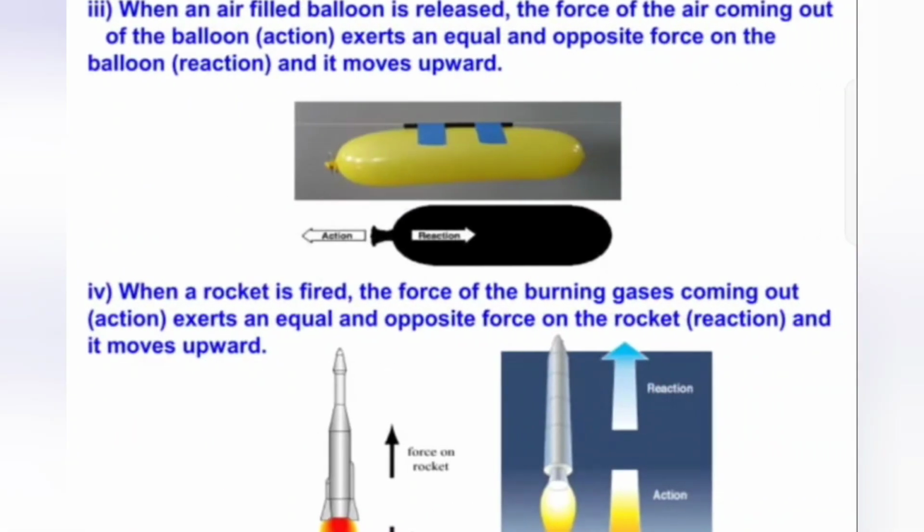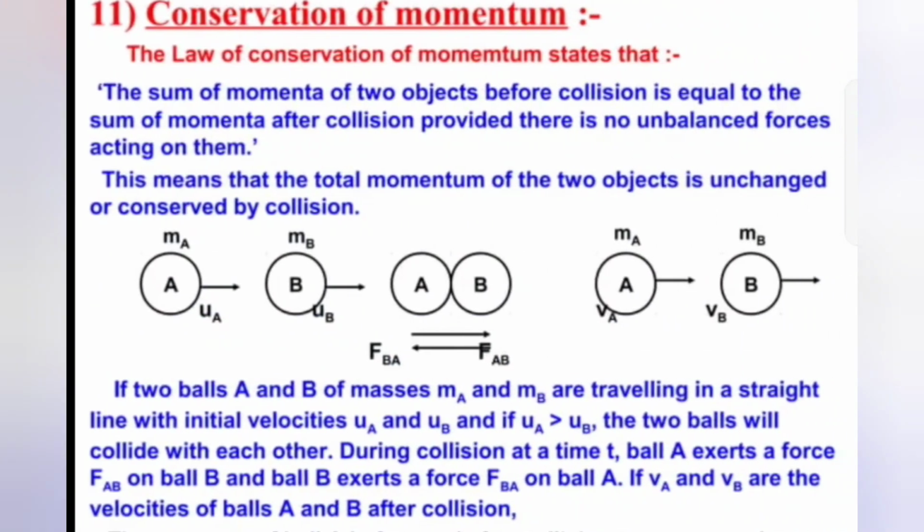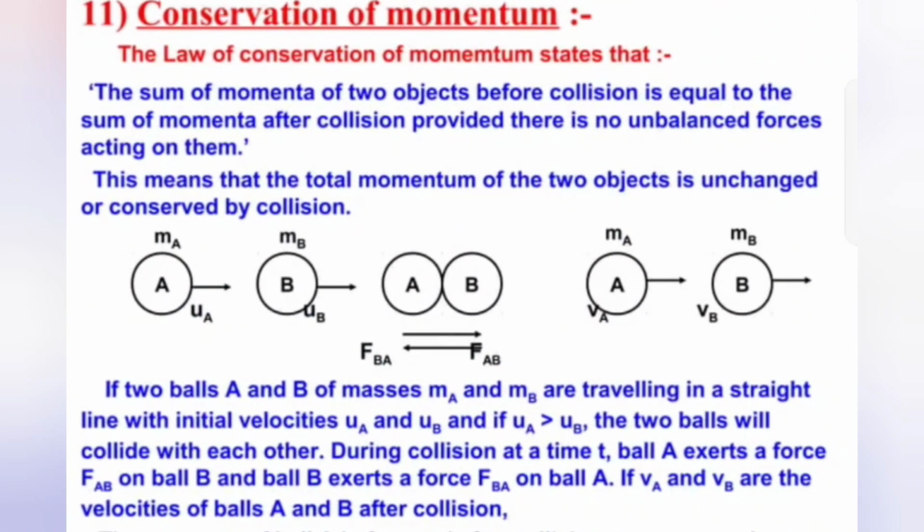I gave an example of a balloon, right? Similarly with a rocket also it happens. Conservation of momentum, very, very important. It's really very, very important, so do listen to this. What is conservation of momentum?